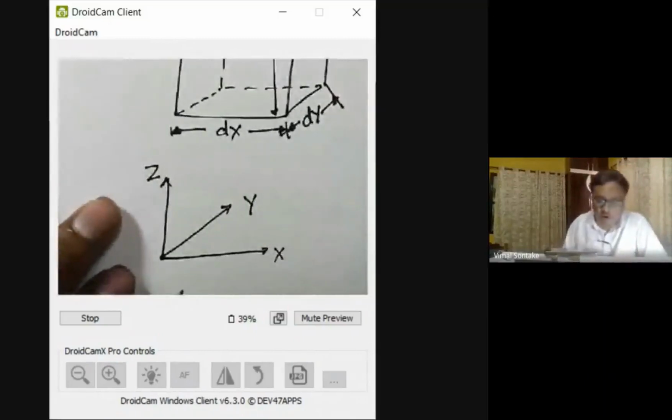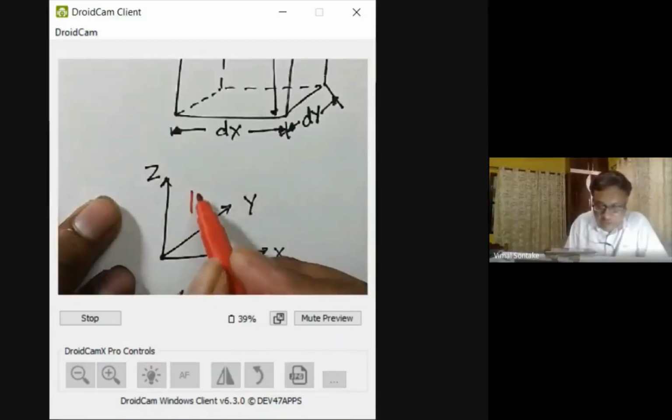I can also draw the position of this element with respect to these three axes.